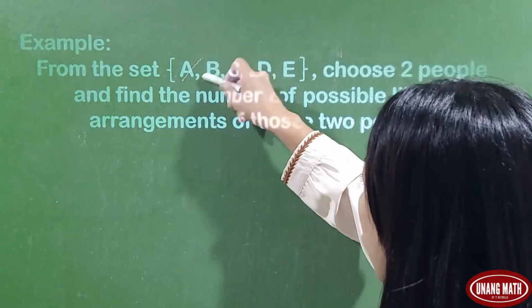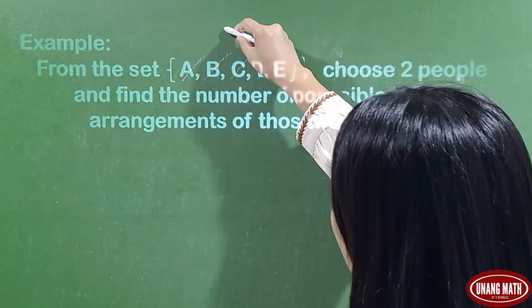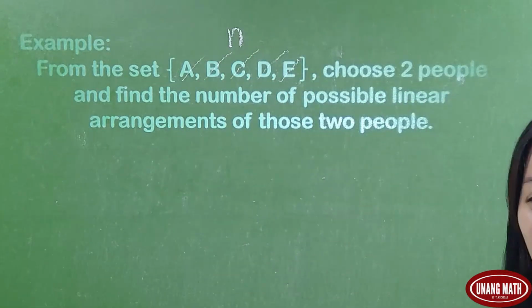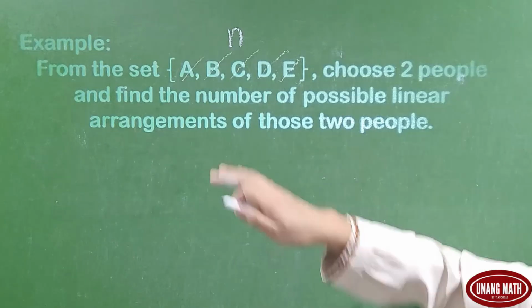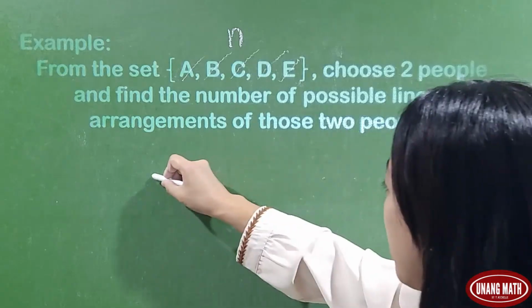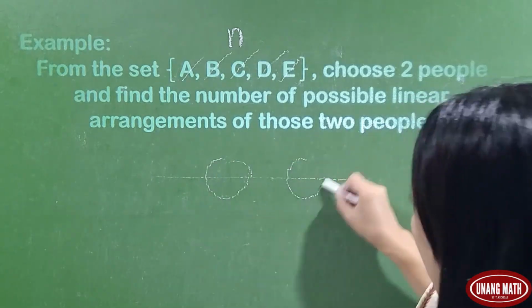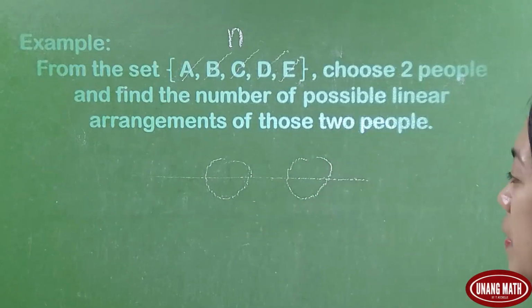These people, A until E, are our number of objects. We are just going to choose two people, and we will find the number of possible linear arrangements of those two people.